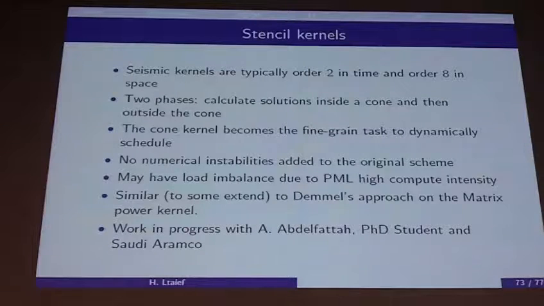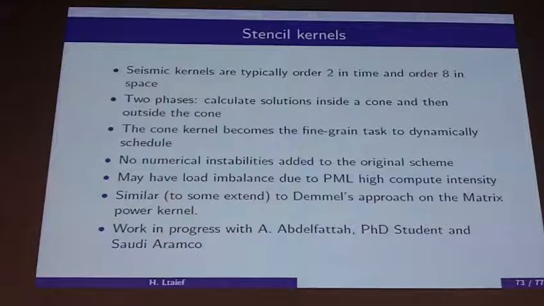Okay, and the idea is that you want to use a dynamic runtime again to balance the workload between the different threads, and even try, again, to compute ahead of time as soon as possible, as long as the dependencies are satisfied. So there are no numerical instabilities, right? You're just doing instruction reordering here.